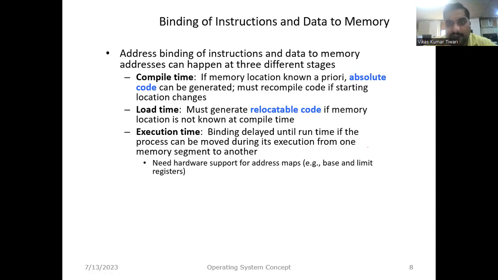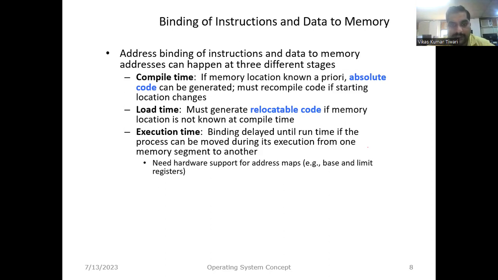So if I'm going to write a program, it must be written with some extension. After writing the program, first we have to compile it. After compilation, all the library functions will be loaded. And when all the functions are loaded, then it will be executed. So there are three times: compile time, load time, and execution time.